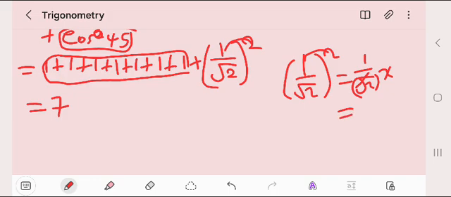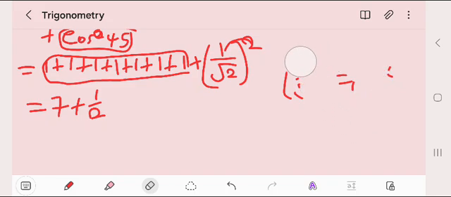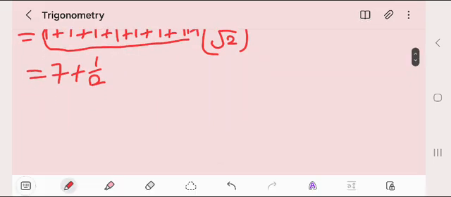Then you're left with 1 over 2. So ladies and gentlemen, as you can see there, we have plus 1 over 2. So 1 over 2, either way, which one you prefer. It's up to you which method you want to apply.